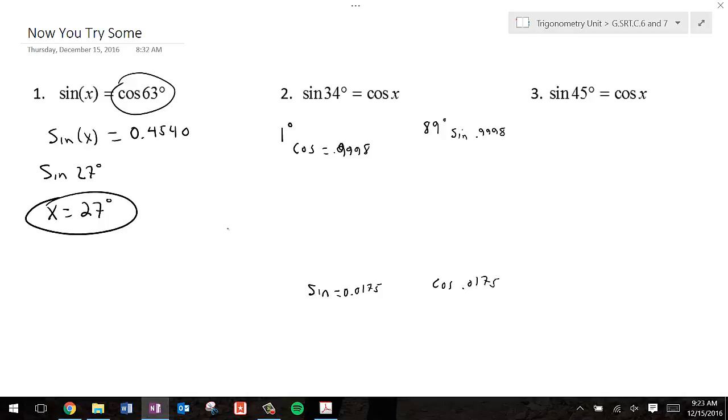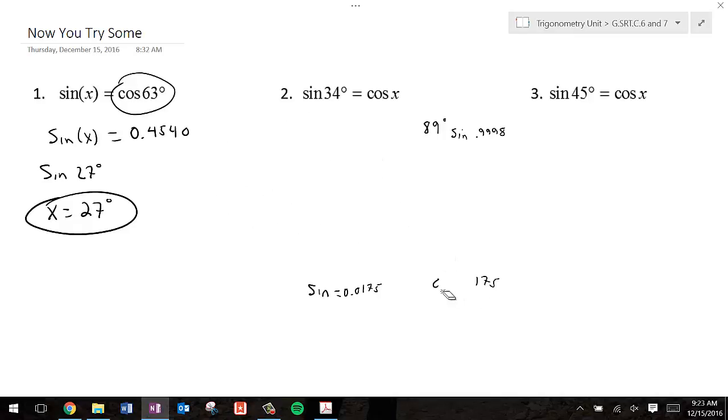So as you notice, as the numbers go from 1 to 90, the sine gets larger and cosine gets smaller. So all of this allows us to use these sliding scales here that we've got.